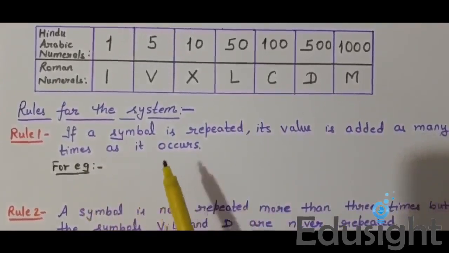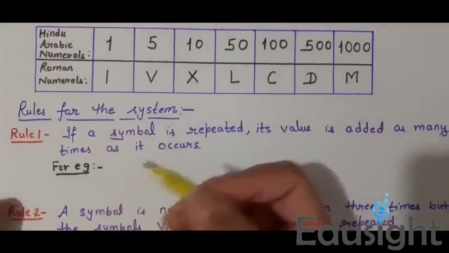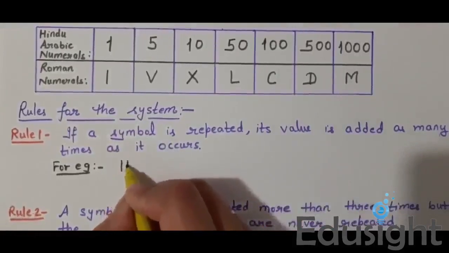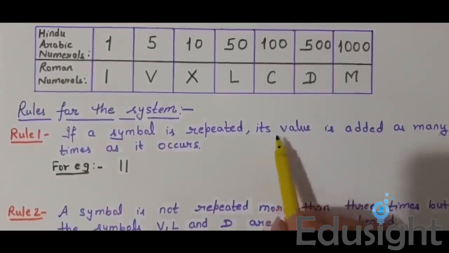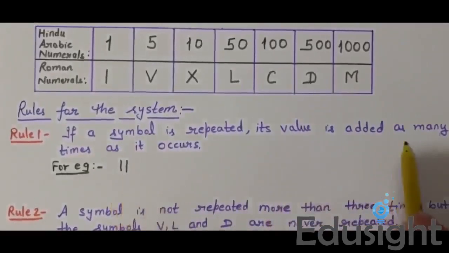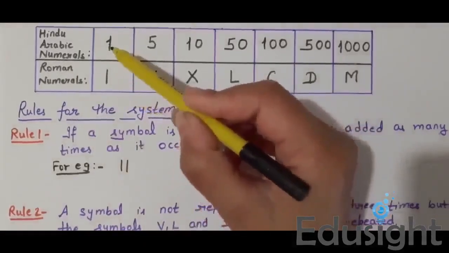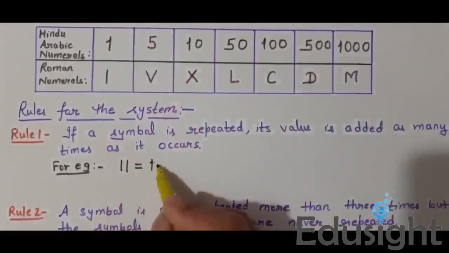It means, if I take one symbol, say I, and repeat it 2 times, this rule says its value is added as many times as it occurs. The number for this symbol is 1 and I is repeated 2 times.